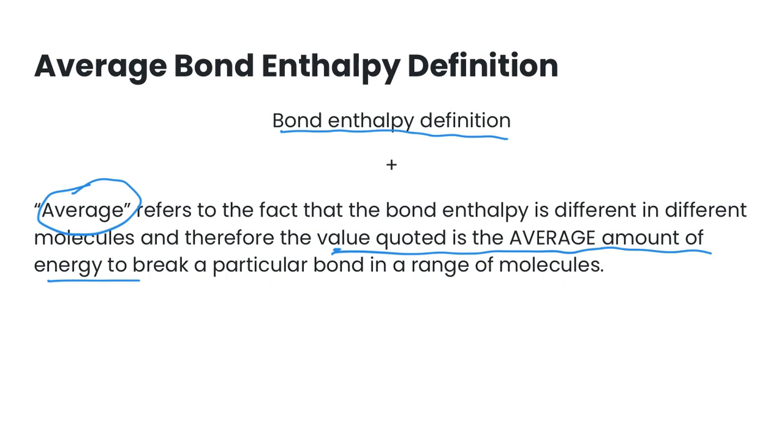To get these values, they take a whole bunch of different types of molecules and look at breaking, for example, the C-H bond. Then they take an average of all of those bond enthalpies over all of those different molecules to come up with the value in that particular data table. So they're not super accurate, and they can be quite off because they're taking into account a variety of different molecules.